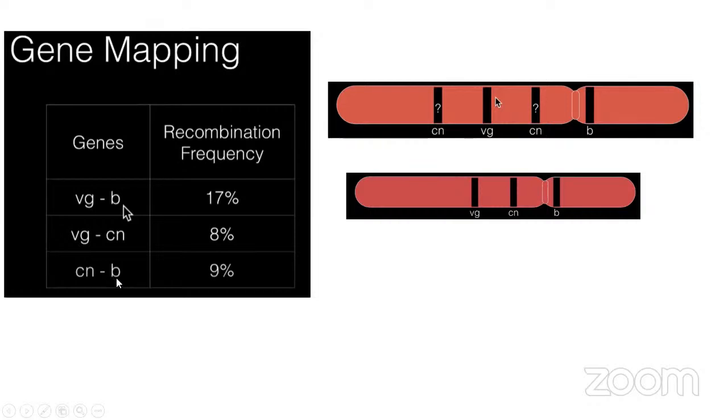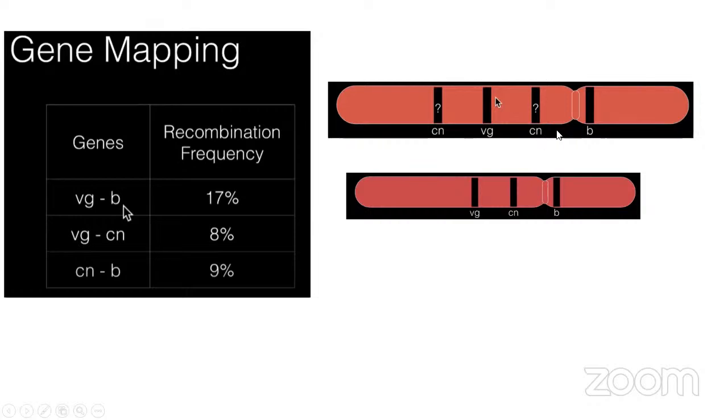Now there is another piece of data which says that the frequency of recombination between CN and B is 9%. That means the distance between CN and B should be 9 centimorgan, or 9 map units.